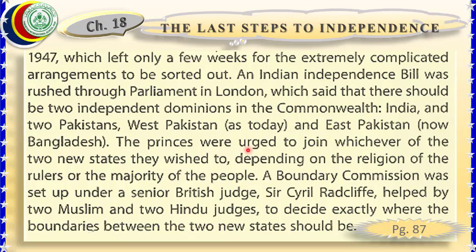The princes were urged to join whichever of the two new states they wished to, depending on the religion of the rulers or the majority of the people. A boundary commission was set up under a senior British judge, Sir Cyril Radcliffe, helped by two Muslim and two Hindu judges, to decide exactly where the boundaries between the two new states should be.